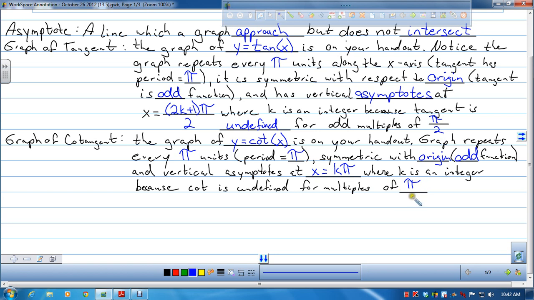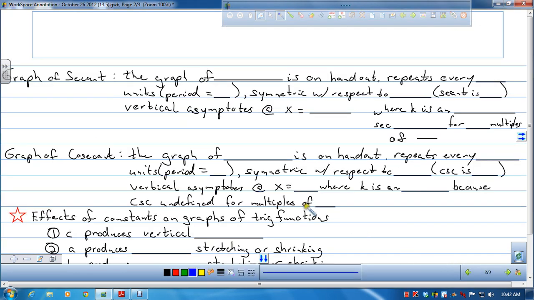However, cotangent would put a 0 in the denominator at pi, which is 180, and at 0 or 360, which would be either 0 or 2 pi. So that's kind of the relationship there as these graphs relate to the unit circle. Okay. Now let's talk about the other reciprocal functions, the reciprocal of cosine and the reciprocal of sine here.